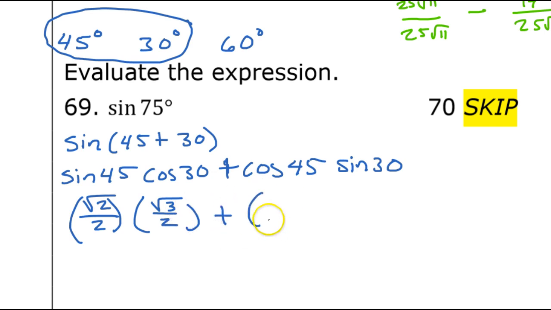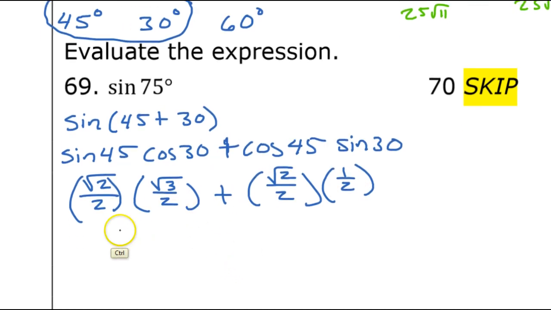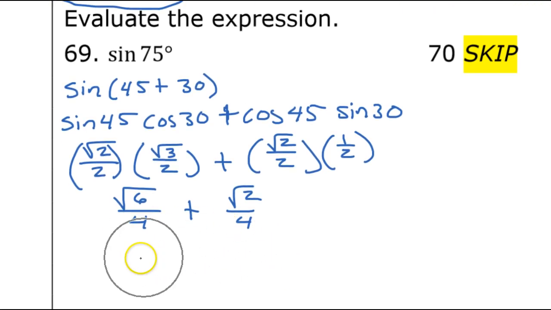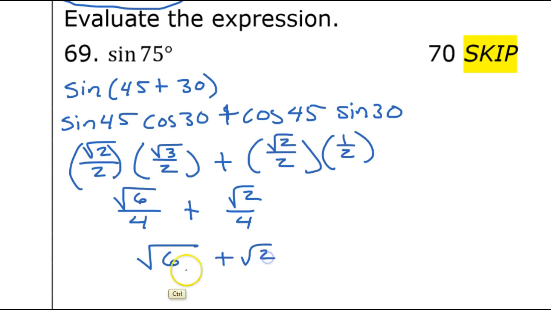All right, and the cosine of 45 degrees is radical 2 over 2, and the sine of 30 degrees is 1/2. So all we really have to do is simplify this down, and we'll be done. So this will be radical 6 over 4 plus radical 2 over 4. They already have like denominators, so we can just go ahead and say radical 6 plus radical 2 over 4.